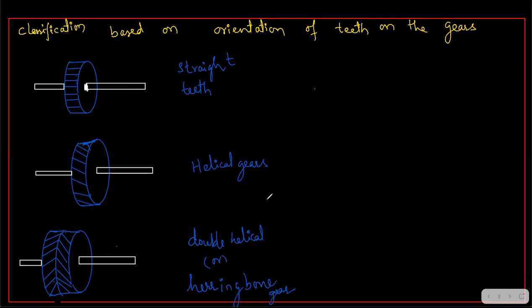So these are based on the tooth. These are the only three things we are going to study based on the orientation of the tooth. And next we have one more type, which is the external versus internal gearings. Okay, external as well as internal.